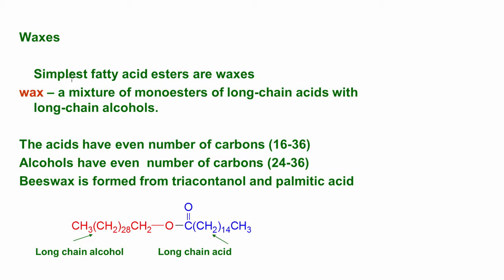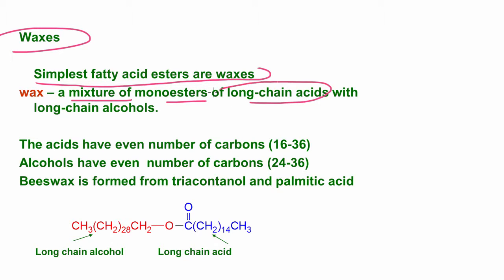The next type of lipid is a wax. Our simplest fatty acid esters are waxes. What is a wax? It's a mixture of monoesters of long chain acids with long chain alcohols. So the acids usually have an even number of carbons, anywhere from 16 to 36. The alcohols also have an even number of carbons, 24 to 36.